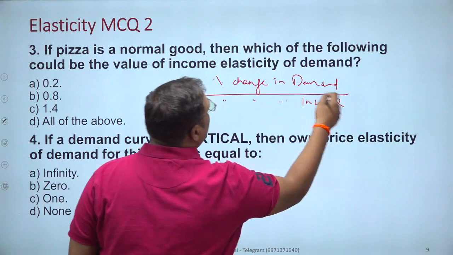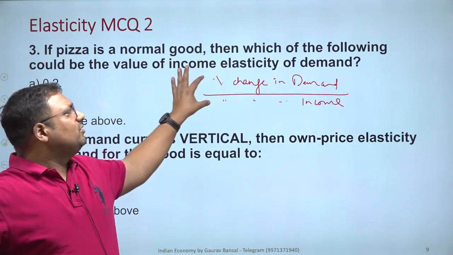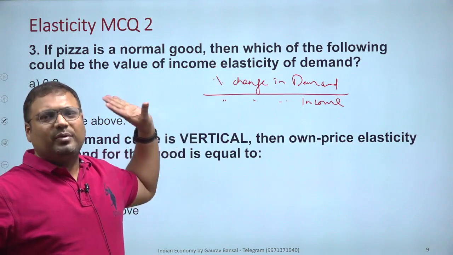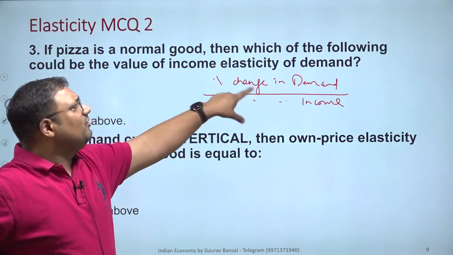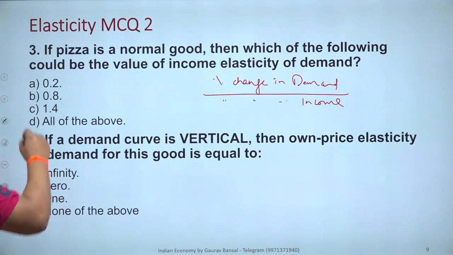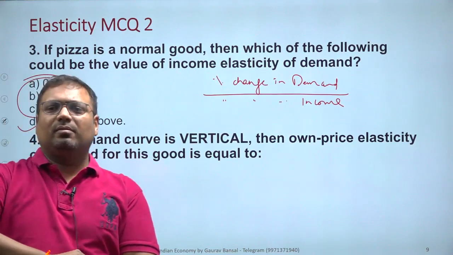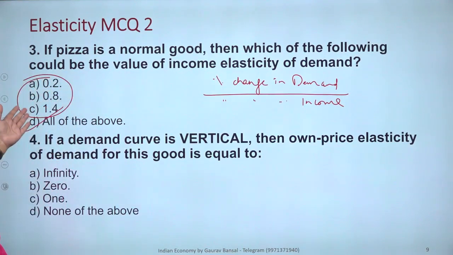What will happen if income increases? Demand increases. If income falls, demand falls, meaning both will be positive or both will be negative, so the elasticity will have a positive sign, and that is how I can identify. In this case, all the elasticities given have a positive sign, so the answer should be D, all of the above. It can have any of the numbers.